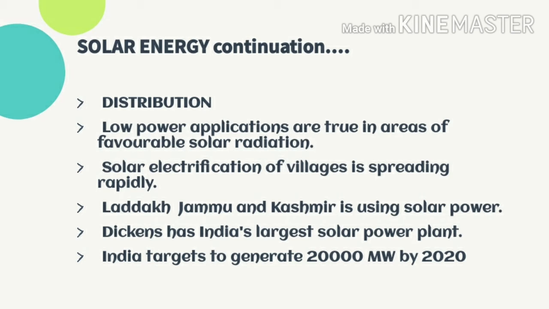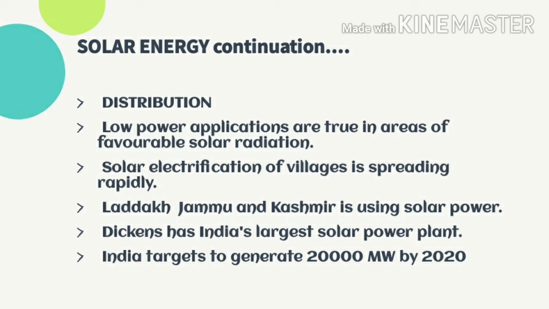Not only that, solar electrification of villages is spreading rapidly. Saliji Palli in Andhra Pradesh is the first village to be fully electrified by solar energy. In Ladakh in Jammu and Kashmir, and also in Rajasthan, solar power has become very popular.